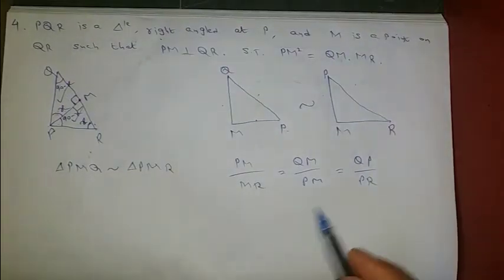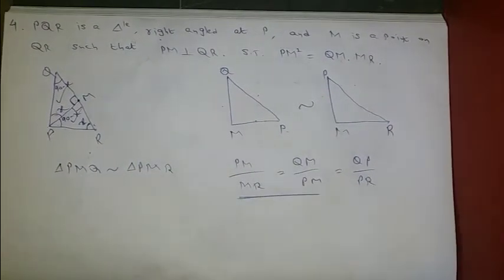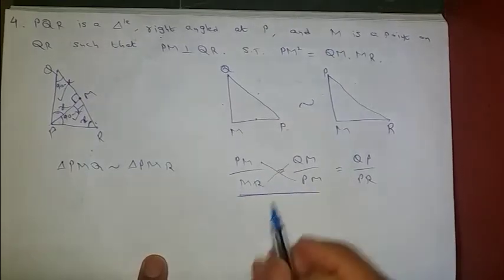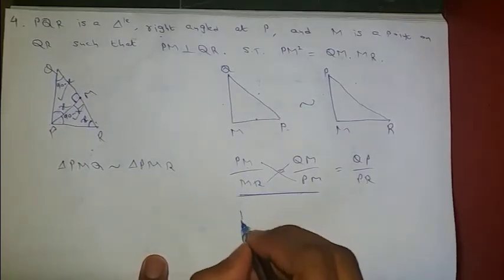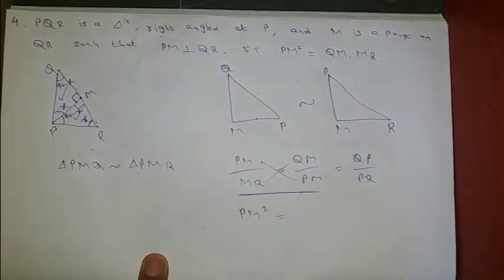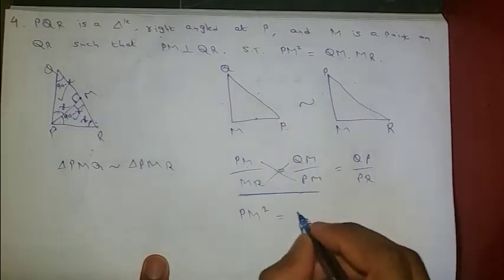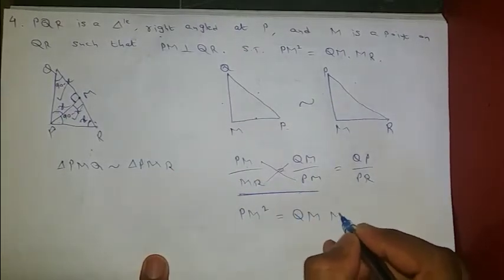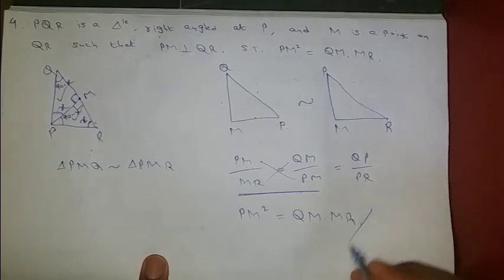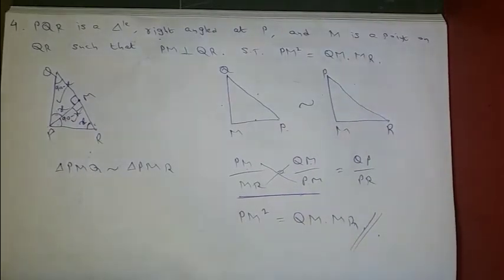Now from these I am taking these two. If I cross multiply this, PM into PM, PM square, is equal to QM into MR, QM into MR, hence proved.